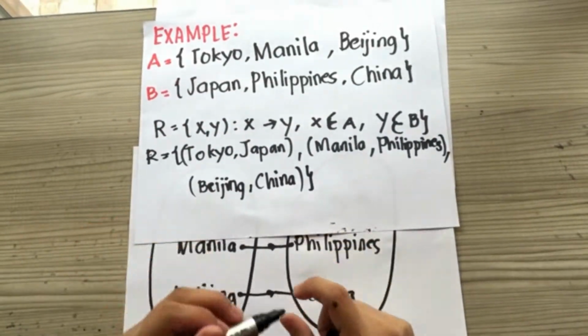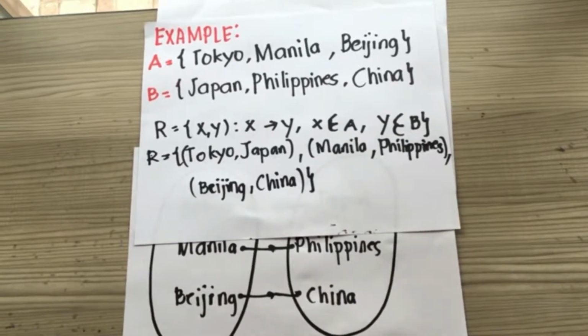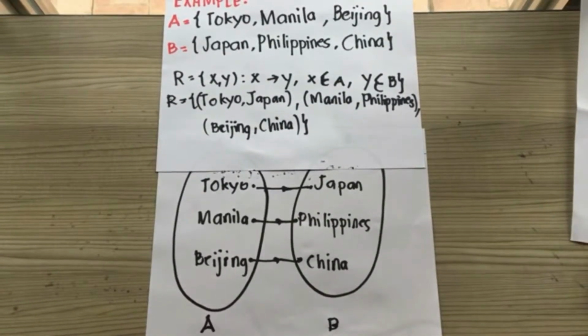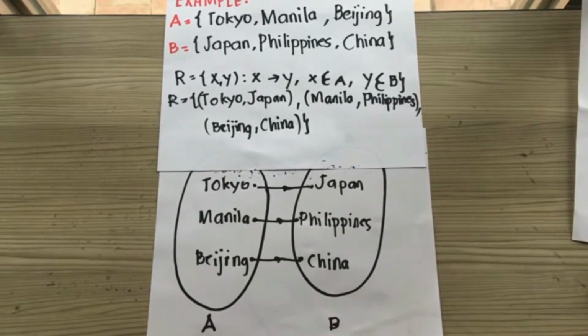The domain for this example is equal to A, wherein A is equal to Tokyo, Manila, and Beijing, and the range would be Japan, Philippines, and China.